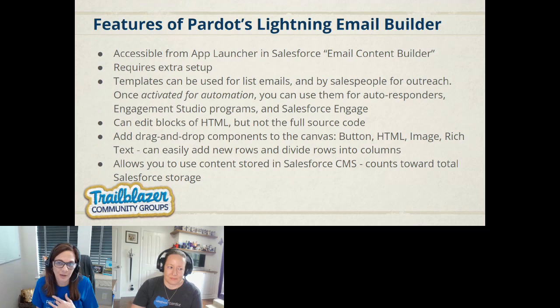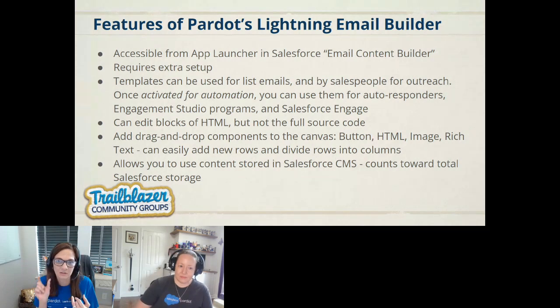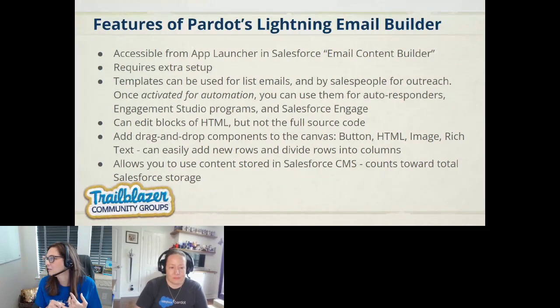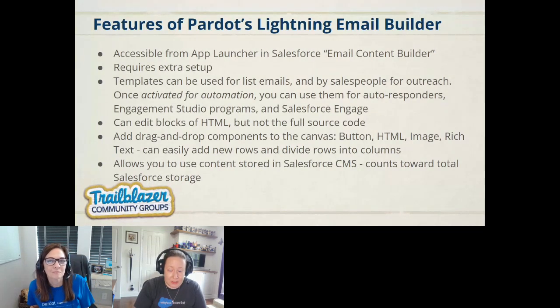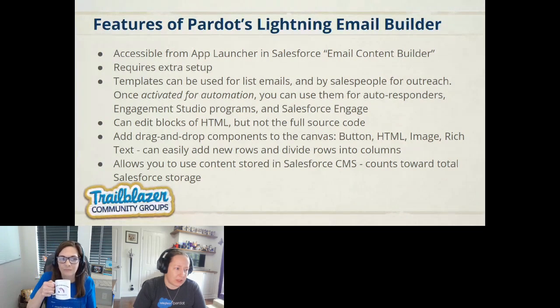It's accessible from the app launcher in Salesforce. It's that email content builder. It does require extra setup, whereas Classic just works out of the box once you have your domain set up. Lightning Email Builder lives in the Salesforce CMS, which requires setup. And it does mean that you need a full Salesforce user license to get to these different things.